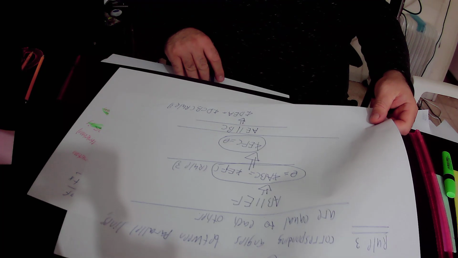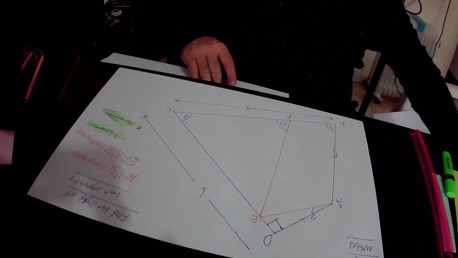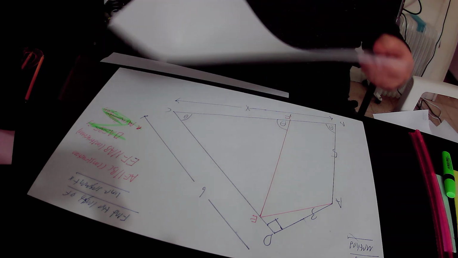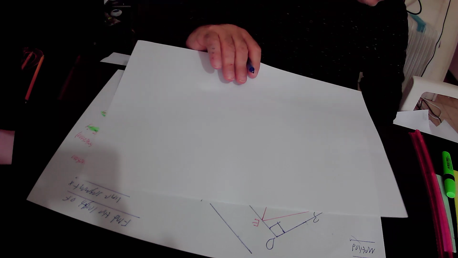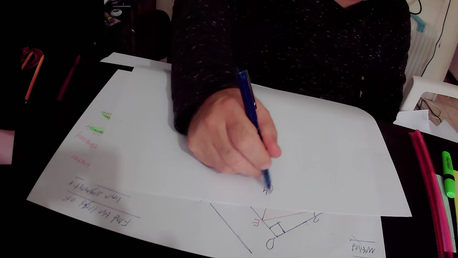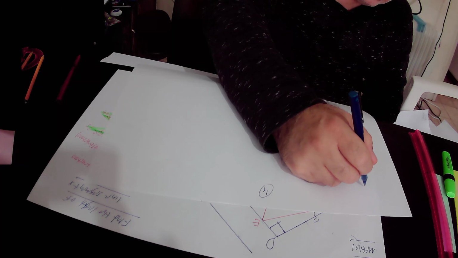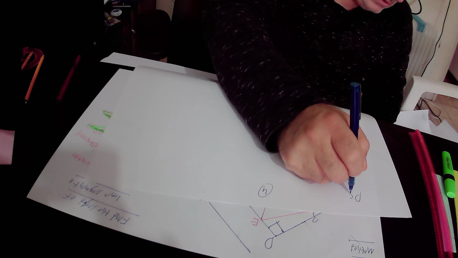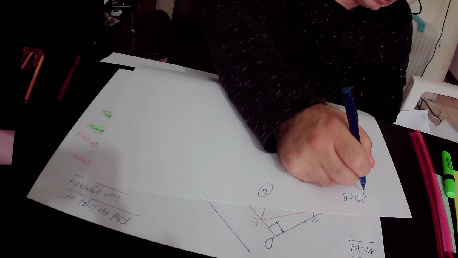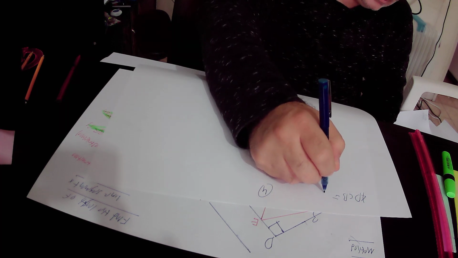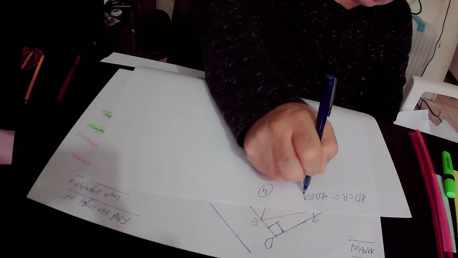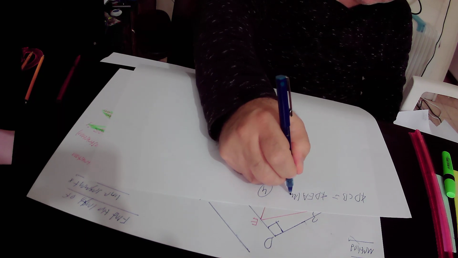So here we know that angle DCB is equal to angle DEA according to rule number 3.